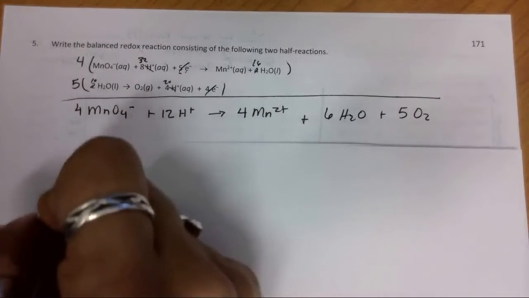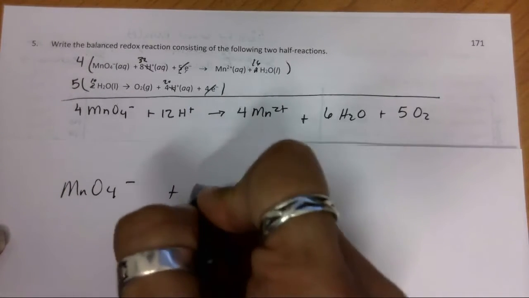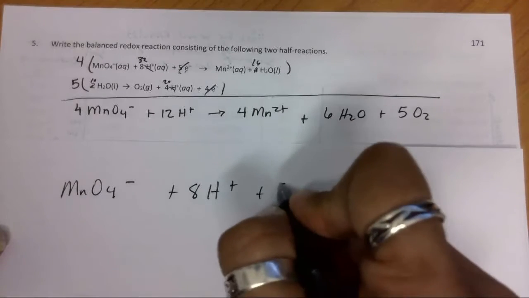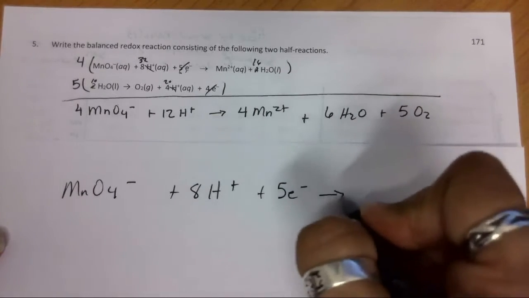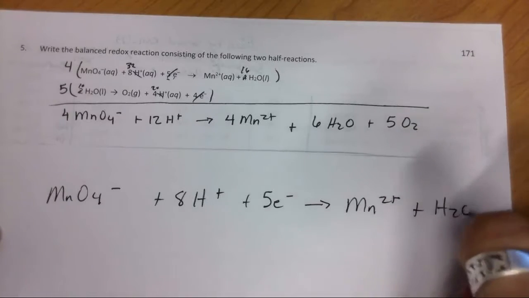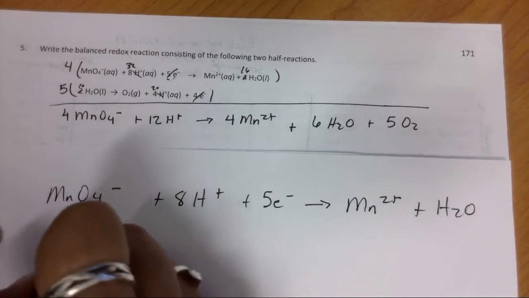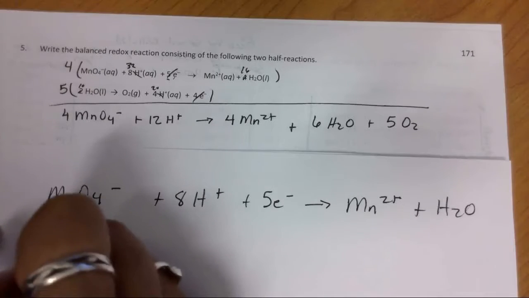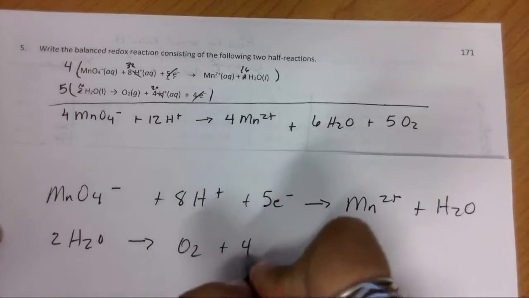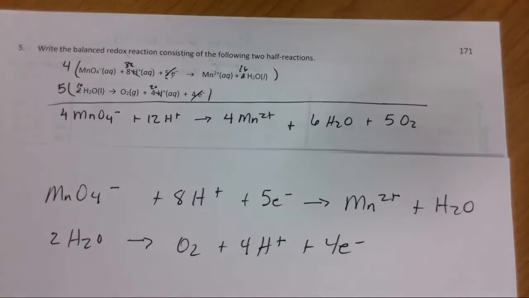So the first thing is we've got this MnO4 minus plus 8 H plus 5 electrons to form Mn2 plus H2O, okay? And then we've got this other half reaction of 2H2O going to O2 plus 4 H plus 4 electrons, okay?